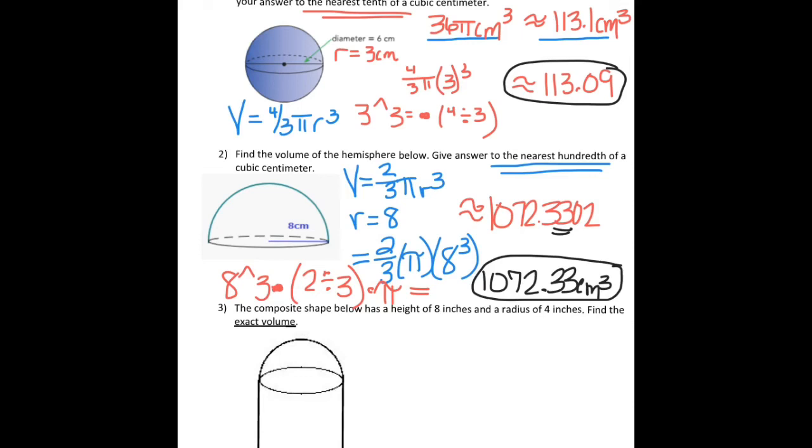All right, the next one, the composite shape below. So composite, that is just 2 shapes added together. The word composite means that it's made up of more than one shape. It says that this composite shape has a height of 8 inches and a radius of 4.